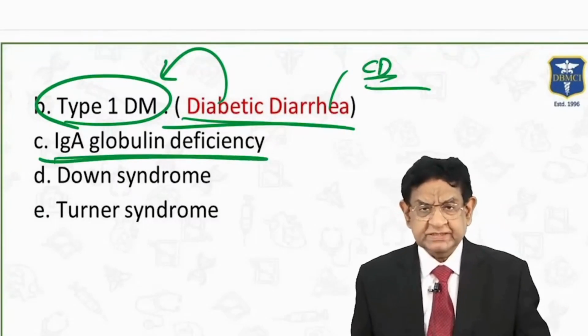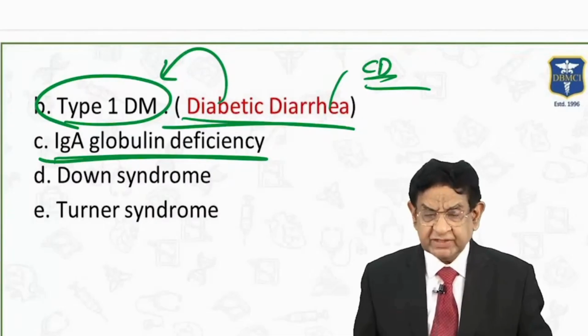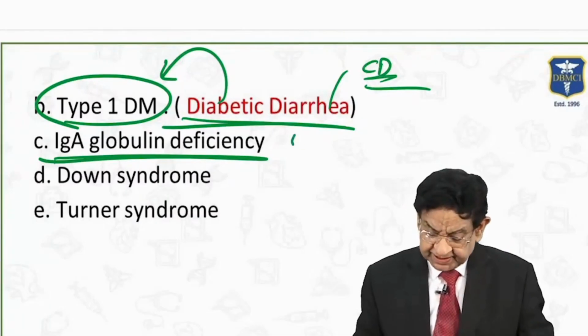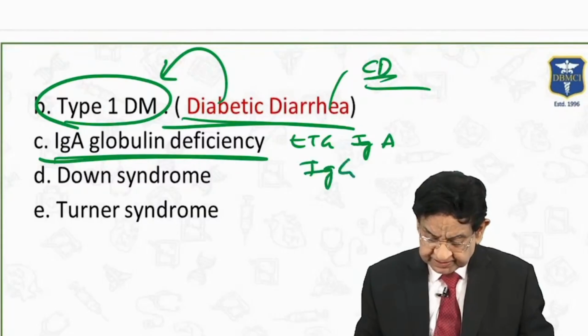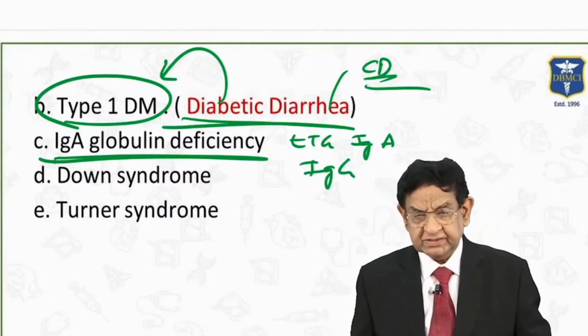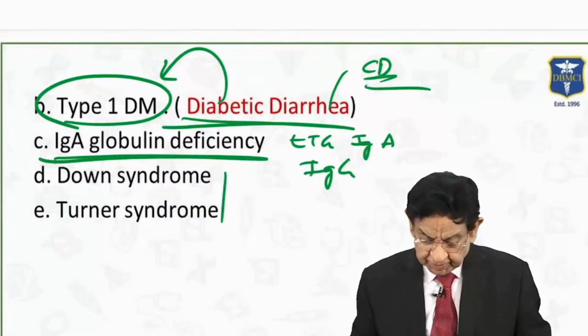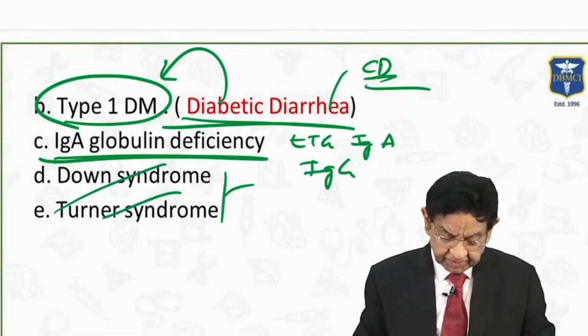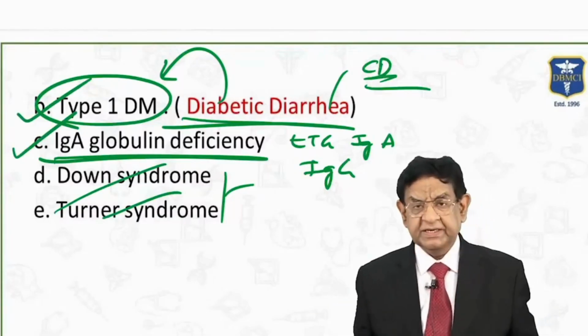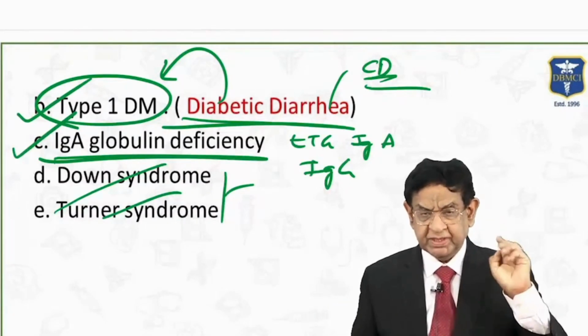I told you in some patients there may be a deficiency, so in such cases the TTG test for IgA may be negative, and we advise IgG instead. It is also more likely to be seen in Down syndrome and Turner syndrome, but nobody is going to ask you this question. But 1, 2 and DH, these three things you must know.